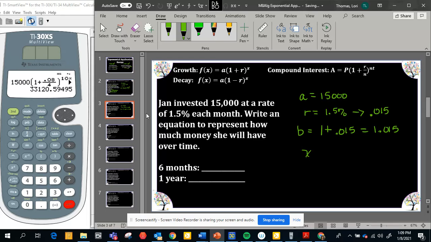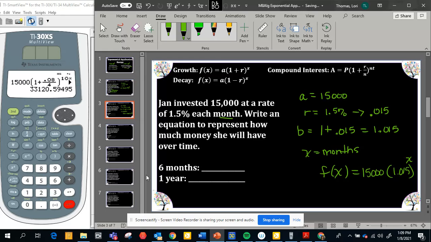And X, it says, is months. So the rate is 1.5% each month. So when we plug in our number, we have to make sure it's in months. So our equation is going to be f of x equals 15,000 times 1.015 raised to the x, where x is the time that the word problem says.